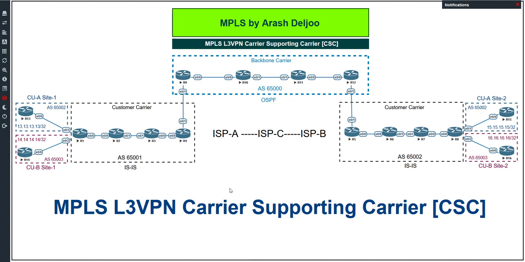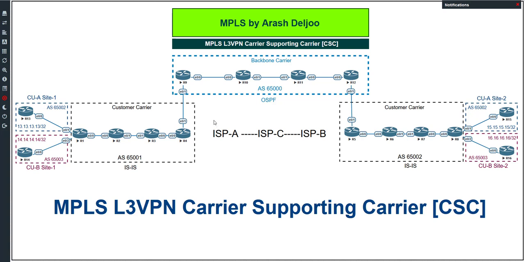Because of that, first you need to advertise the addresses of R1 to R8 through the backbone carrier, and also the address of R8 to R1. After that, you can configure the neighborship between R1 and R8 to advertise VPNv4. So the first goal is to configure connectivity between router 1 and router 8.